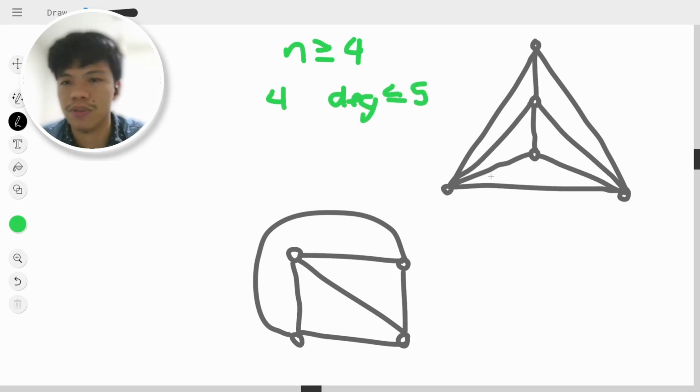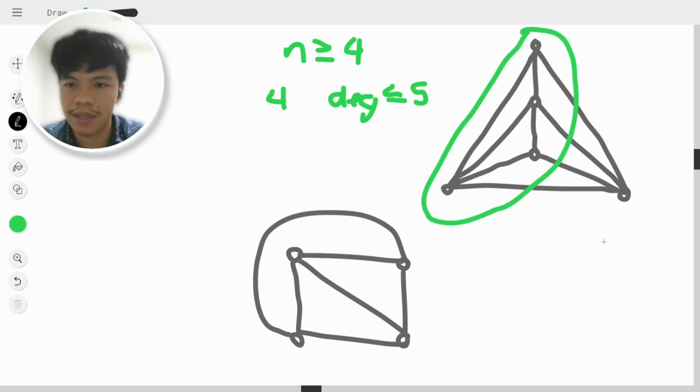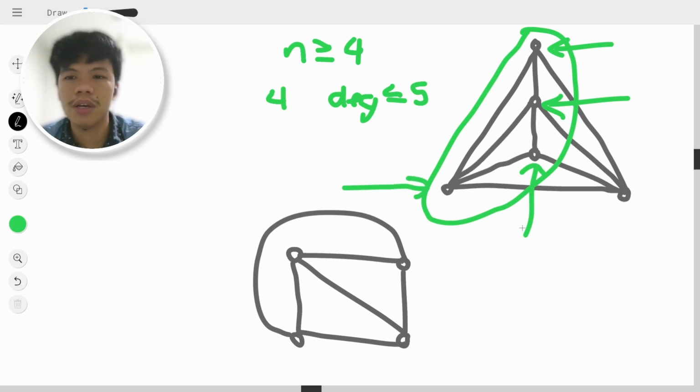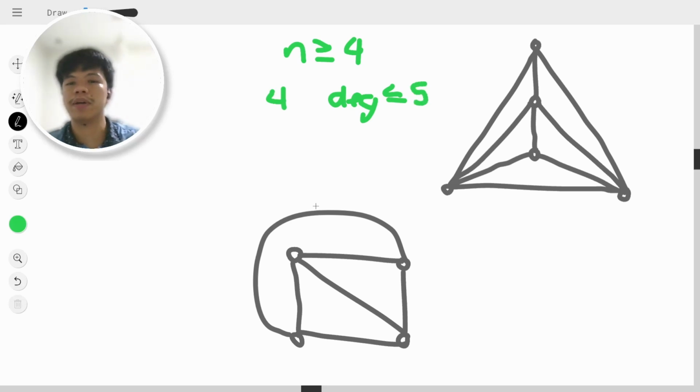So we'll take 4. Suppose these are them. This vertex is not more than 5. Also this one is not more than 5 because it is 4. This one is 3. Of course this one is 4. So it satisfies that at least four vertices in our maximal planar graph have degrees less than or equal to 5.